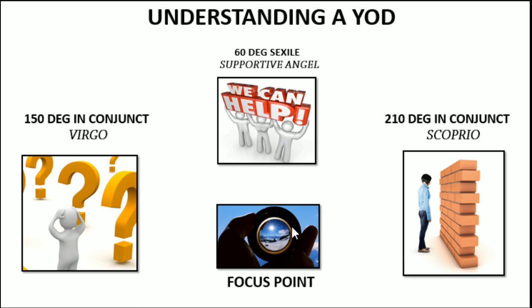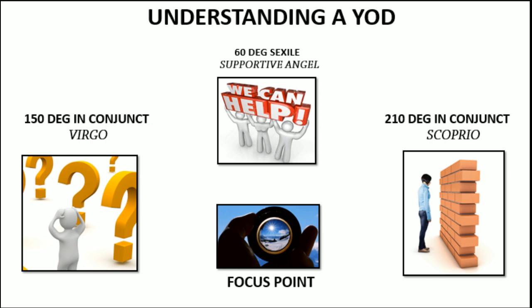Now, the focus point is just as the picture suggests, it's an aspect of your consciousness. So planet A is saying, okay, what are we trying to resolve here? What is it that needs to be focused on and integrated as a way of removing the emotional paralysis and the limitations?